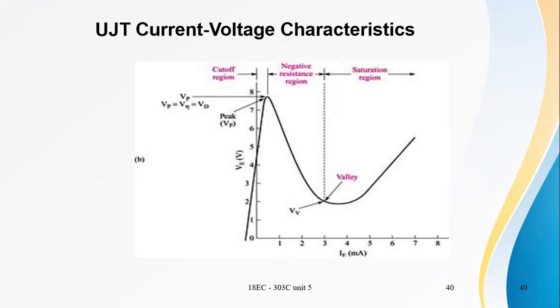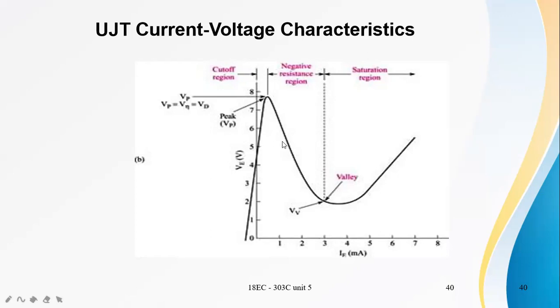At peak voltage, the device is triggered, and see here, this is the emitter current. The emitter current is going on increasing when the emitter voltage is decreasing. Though the emitter voltage is decreasing, the emitter current keeps increasing. That is the reason it is called negative resistance region. Why is it so?